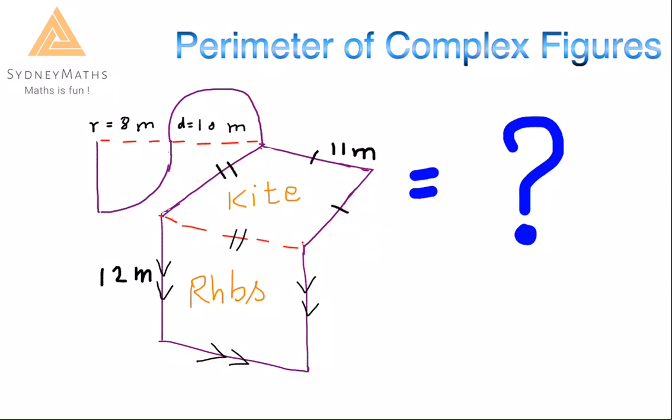So when we have to find the perimeter of a complex figure, the first thing we do is split the figure into different, smaller logical parts.